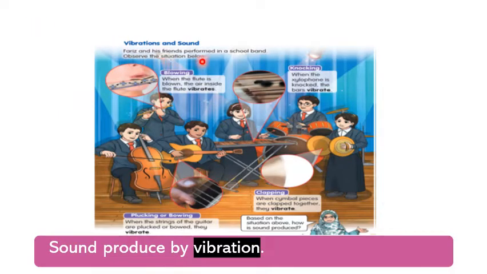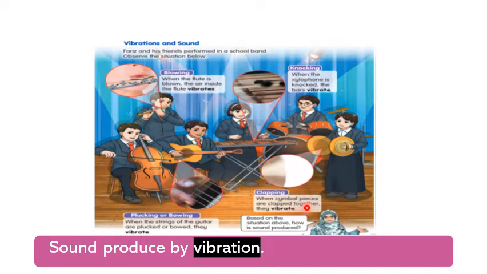Faris and his friends perform in a school band. Let's observe the situation. Number one, blowing. When the flute is blown, the air inside the flute vibrates, so it will produce sound. Knocking. When the xylophone bar is knocked, the bars vibrate. This is a xylophone.